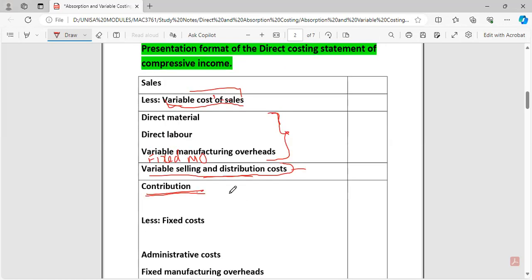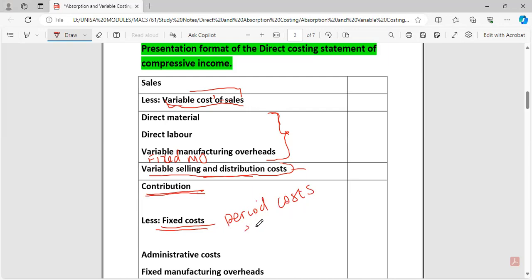Right, so here it means all fixed costs, you are going to take them as period cost, which means they are going to be expensed to the company.